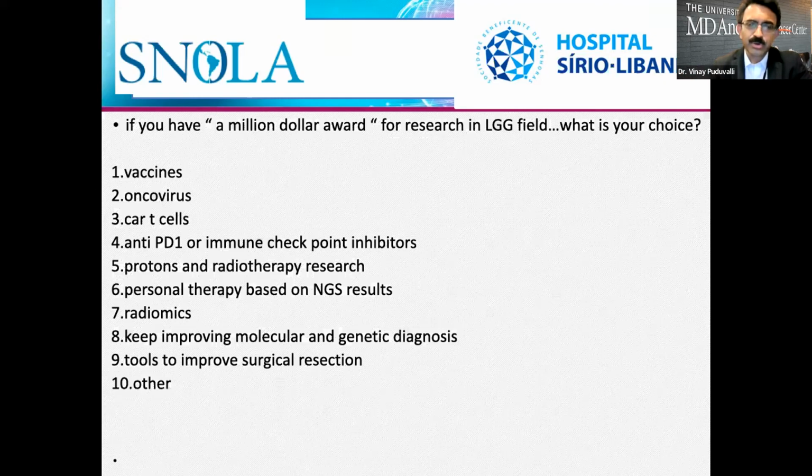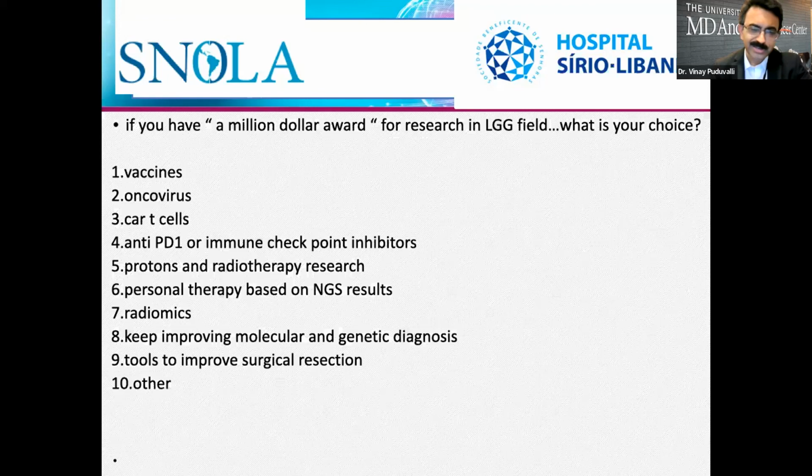The part to me is how do you exploit the IDH mutant alteration in the metabolism within the tumor cell, which is not present in the normal cell, but may be present in practically every tumor. So if I had $1 million to invest, I'd be looking to see how I can use that altered metabolism within every single IDH mutant cell to turn off that cell, and that would not hit the normal cell. So this is where I would put my money.